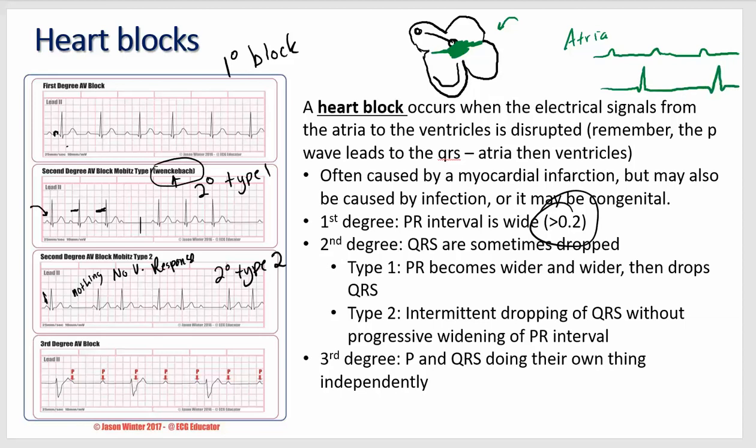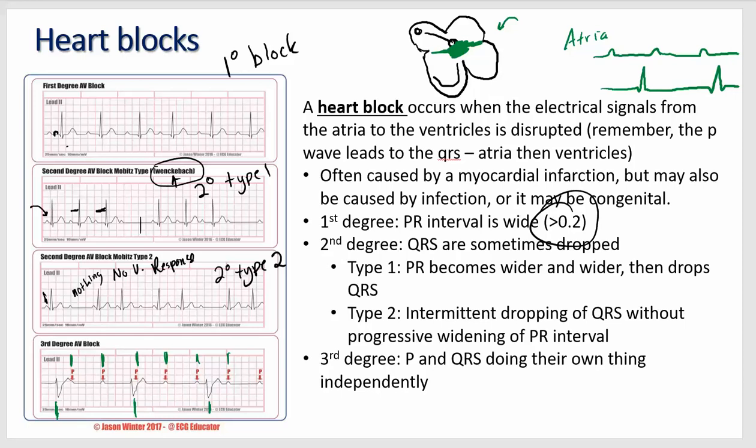So then on an EKG, you just see your P waves are regularly spaced, and your ventricles may be regularly spaced, but they have nothing to do with each other. They're all just kind of doing their own thing independently. Okay, and so that's the difference there. I'll tell you on an exam, if you have any of these, it will be very, very obvious what it is.